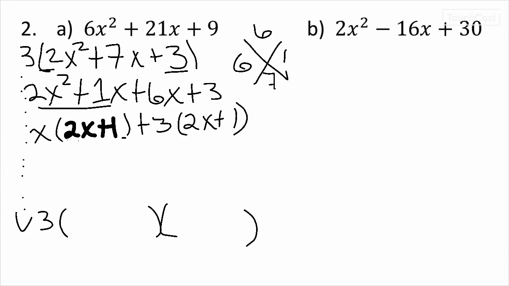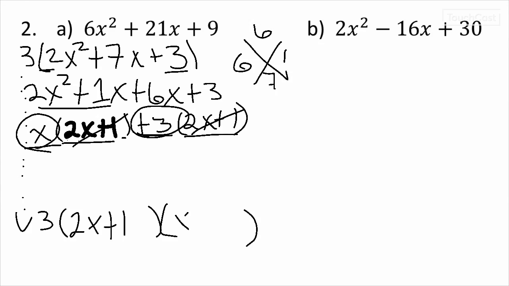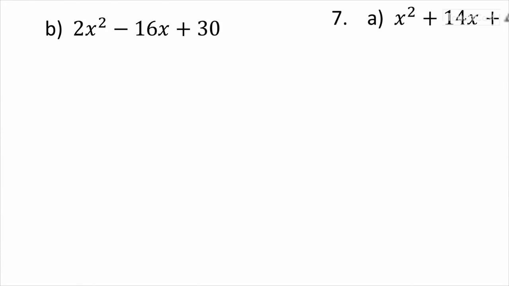And then now our common factor is the 2x minus 1 because it's in both. We'll pull that out and put it here because we're done. And that goes bye-bye. And then we have x plus 3. That's what remains. And that's what goes in the other parenthesis. And voila. And now for b.